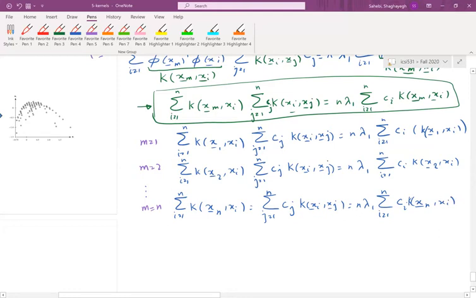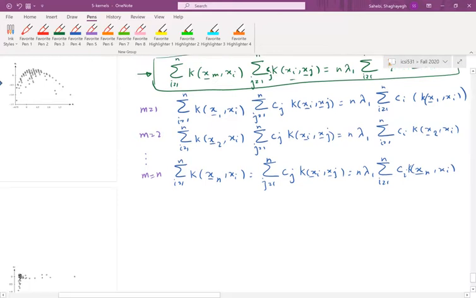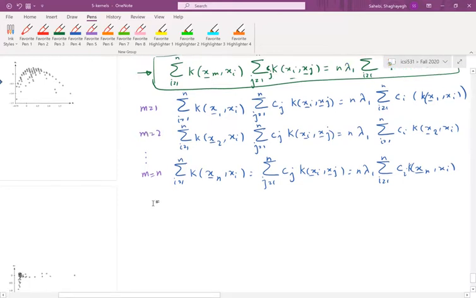So now I have n different unknown c's, and I have n different equations that I can solve to get to the c's. So basically, I will be able to find a vector c, which is c1, c2, through cn, using this system of equations.